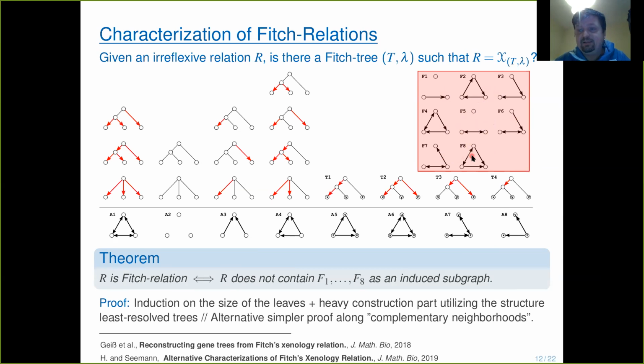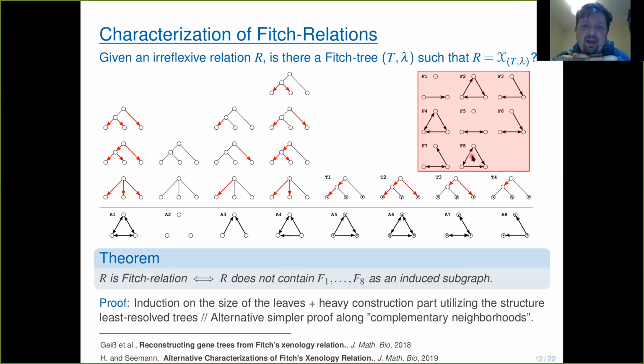And please apologize that I do not give the proof here. The first proof that we had, that was published in 2018, was an ugly, a difficult induction proof. It was really a quite heavy construction part, utilizing many substructures that we also observed.